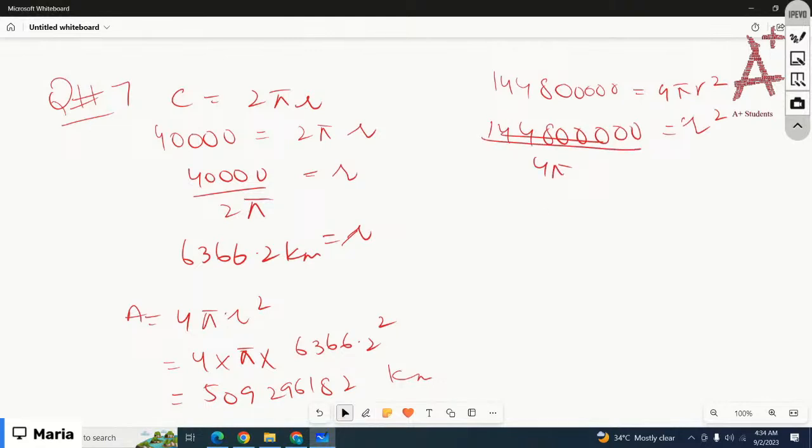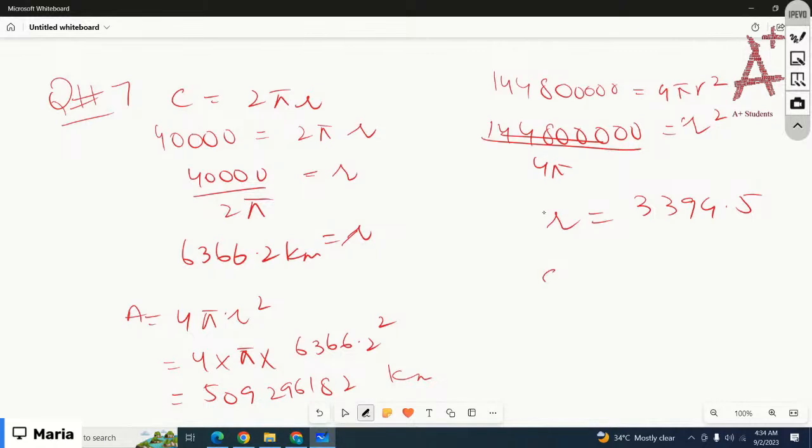Let's just divide and calculate the square root. r equals 3394.5, right?